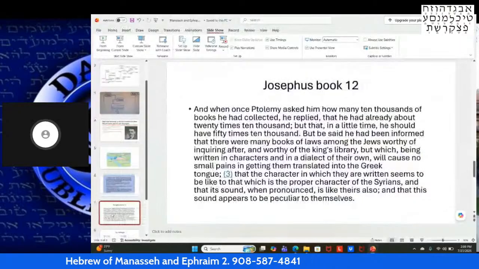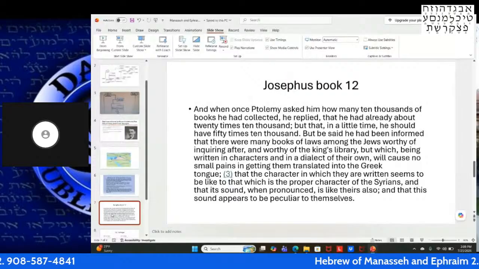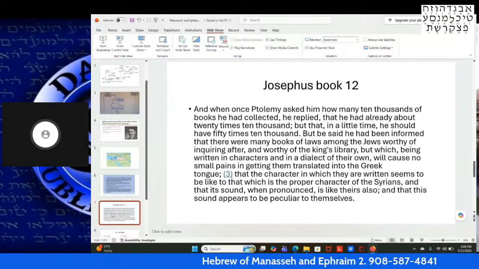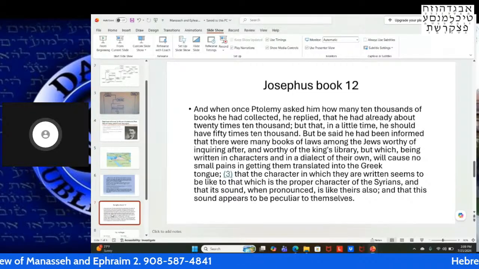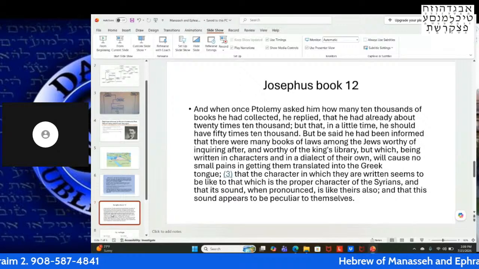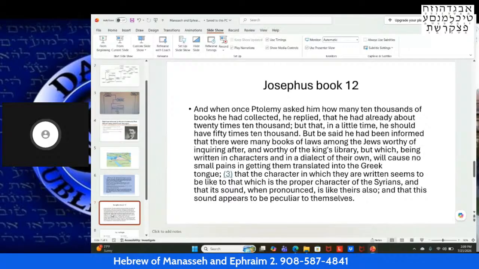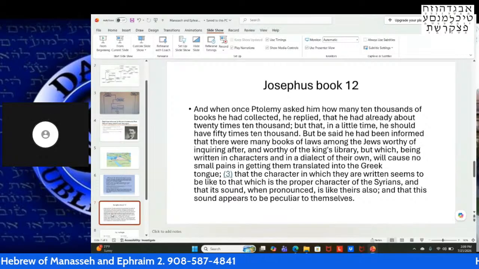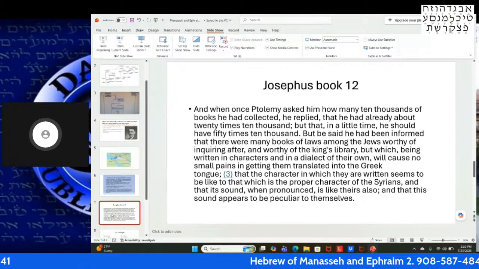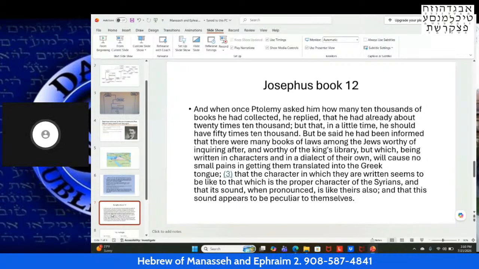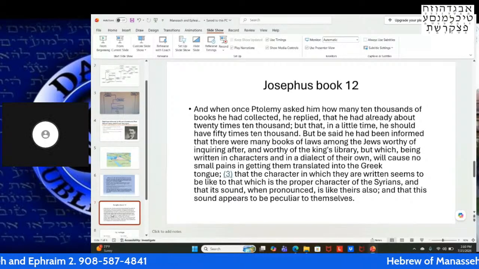Josephus, book 12. And when once Ptolemy asked him how many tens of thousands of books he had collected, he replied that he had already about twenty times ten thousand, but that in a little time he should have fifty times ten thousand. But he said he had been informed that there were many books of laws among the Jews worthy of inquiring after and worthy of the king's library, but which, being written in the characters and in a dialect of their own, would cause no small pains in getting them translated into the Greek tongue.